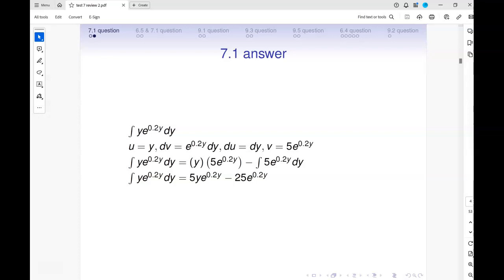And dividing by 0.2 is the same thing as 5. So this is just right. Is that cool?